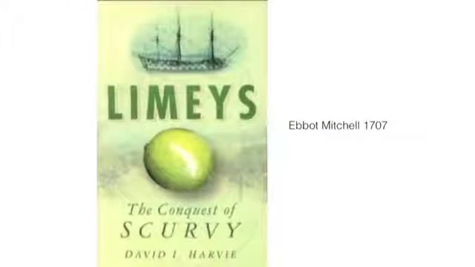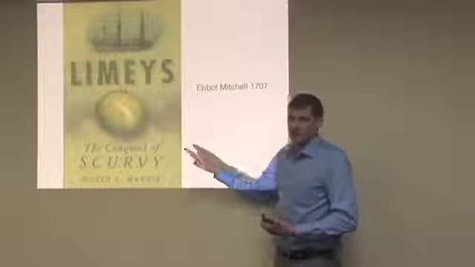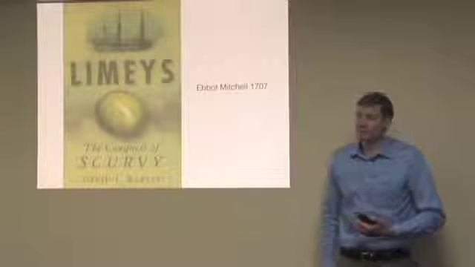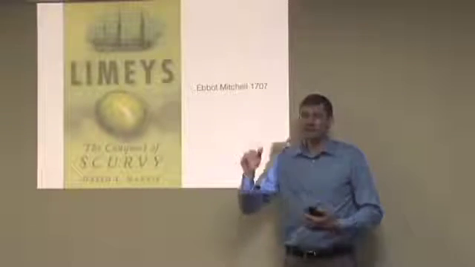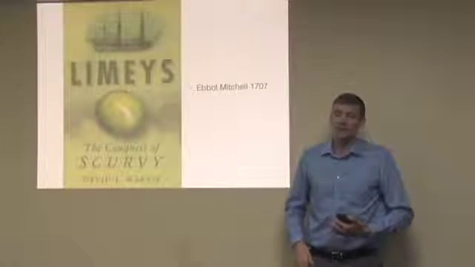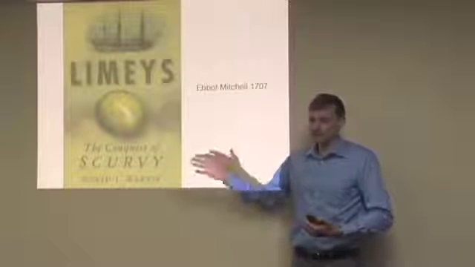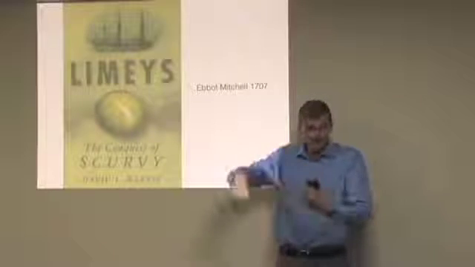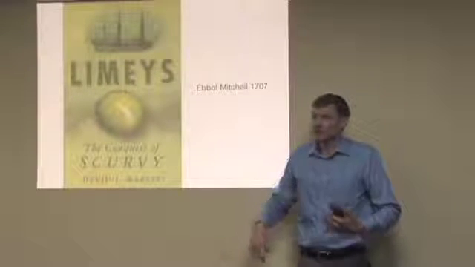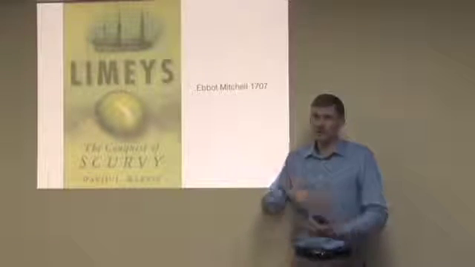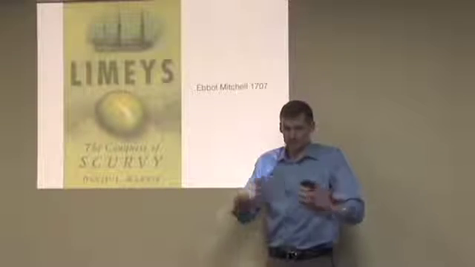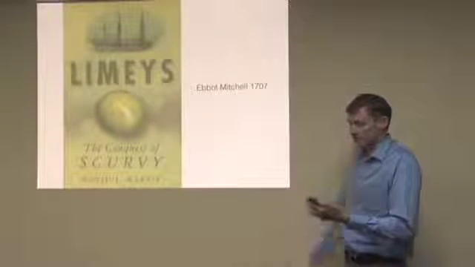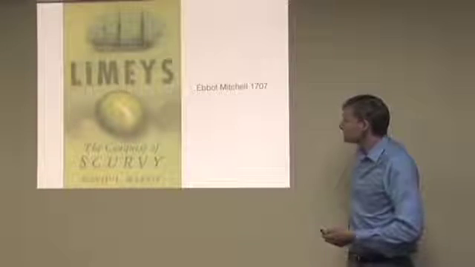But Ebbett Mitchell, a woman from 1707, was the first person to discover that vitamin C prevents scurvy. In the history textbooks, it's a man from 1750, but it's actually this woman. Back then it was a strange concoction of stuff, but it was actually the citrus that did it.